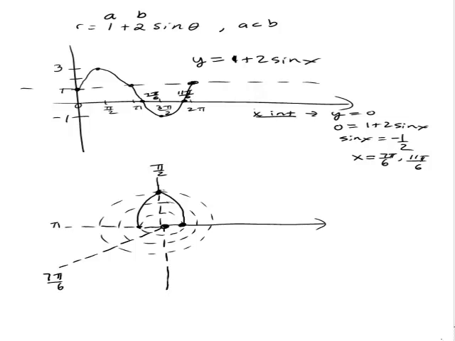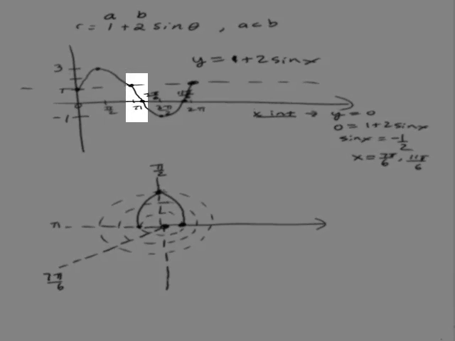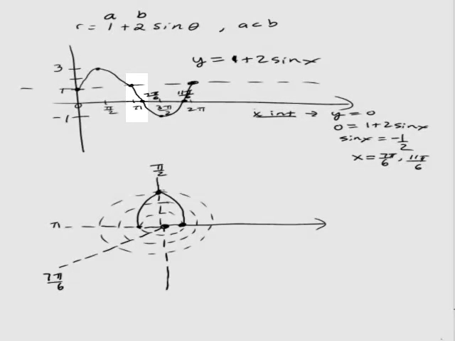It says that as we go from pi to 7 pi over 6, r goes from 1 down to 0. So at 7 pi over 6, we're at the pole again. We start at pi, which is that 1, and we decrease down to 0.